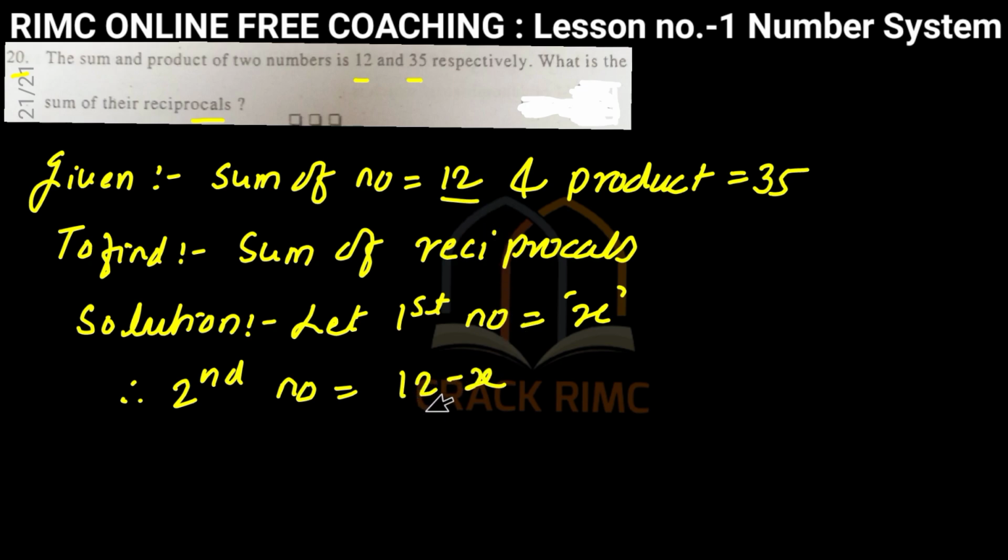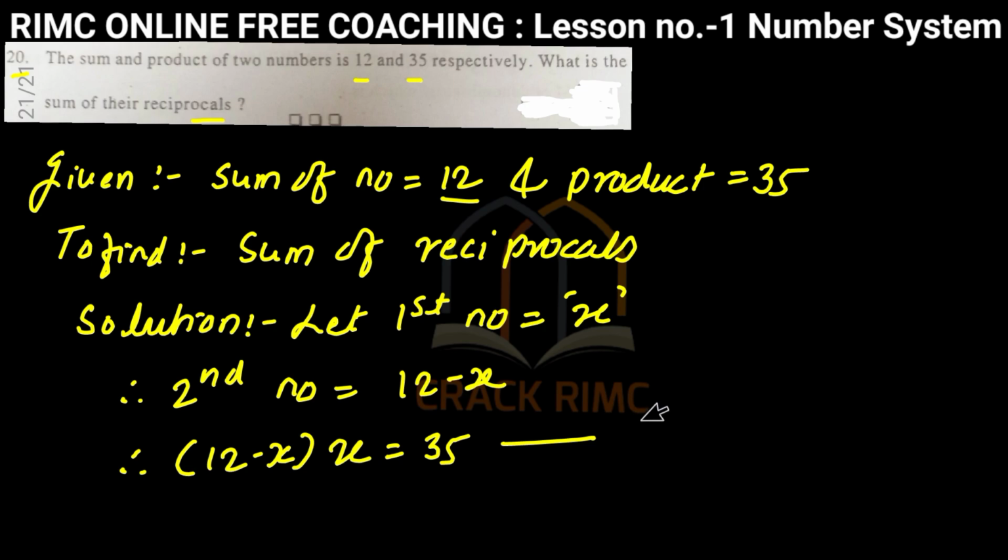So we can obtain the second number by subtracting the first number from 12. Now, what is given is that the product of these numbers is 35. So we can write here 12 minus x into x is equal to 35.